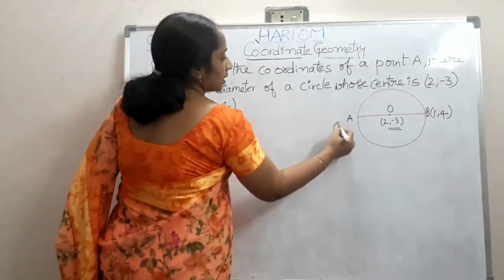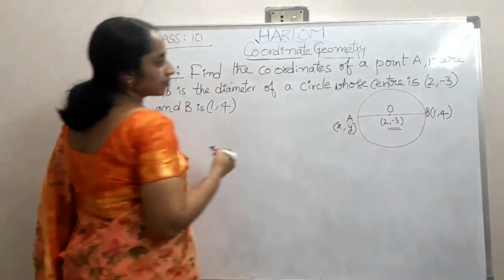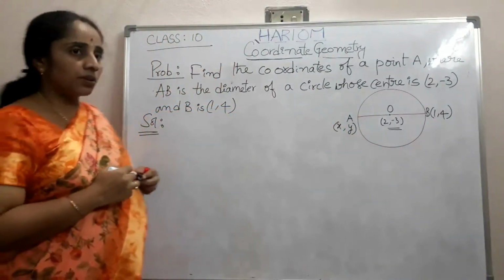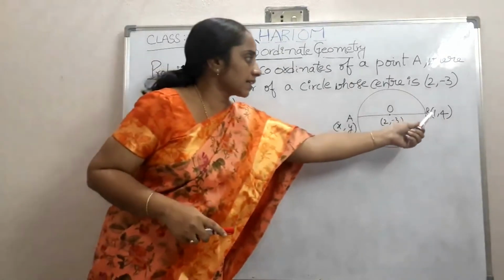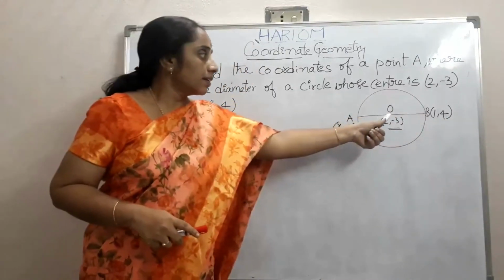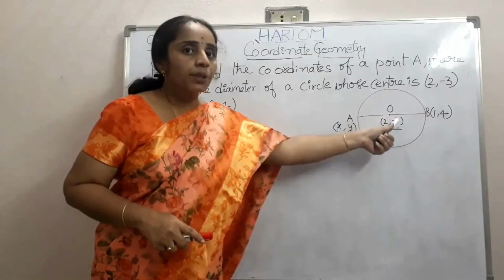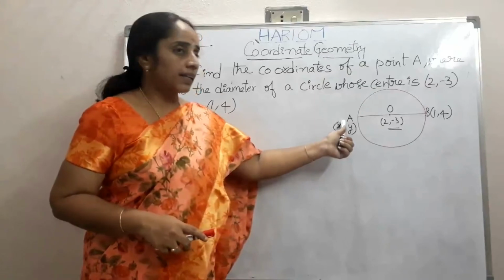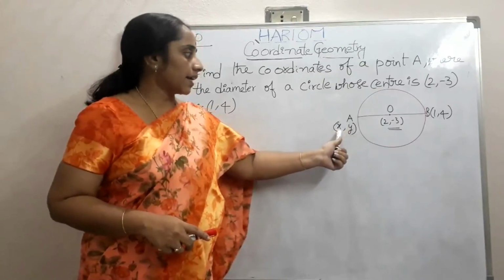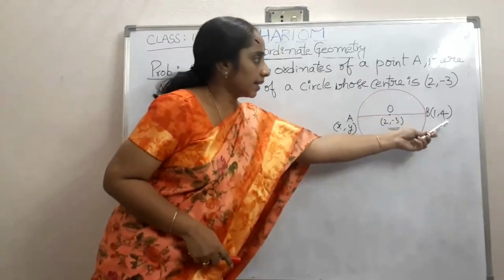Then what is A? As you know, diameter of a circle, its center becomes its midpoint. So here we have one end of the diameter as x comma y and the other end 1 comma 4.